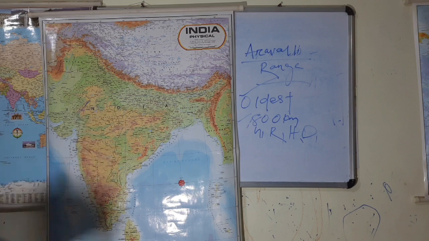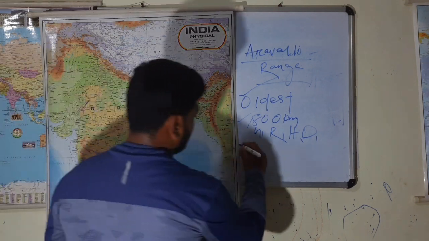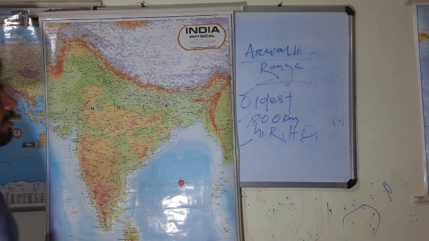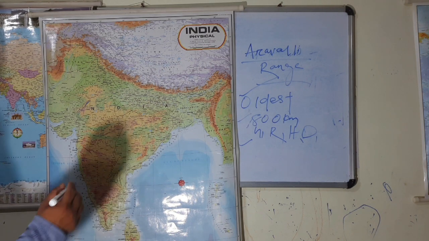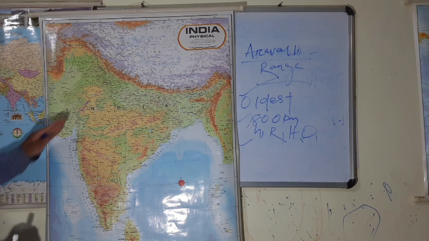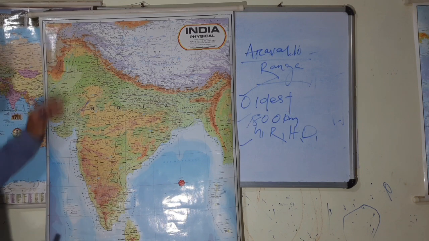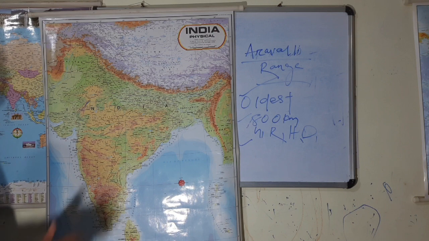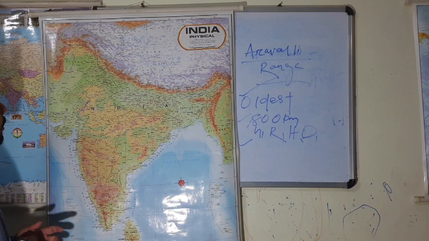And this is very important, the significance of the Aravali range. Why is the Aravali range important? It is important for a number of things. Geographically, in the northwest part of the Aravali range, the Great Indian Desert, that is the Thar desert, is located.